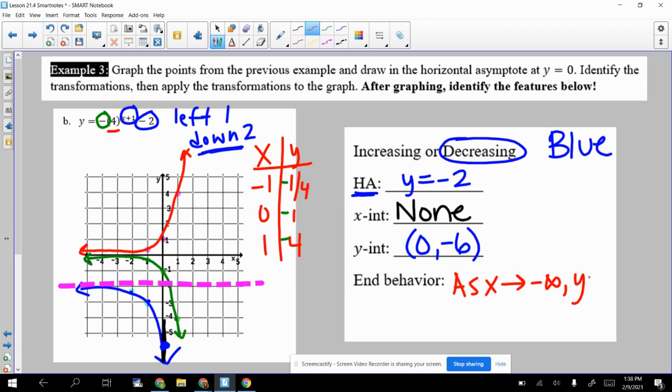All right, so as x approaches -infinity, so to the left, y approaches the asymptote. Well, remember the asymptote now is at -2. And then as x approaches positive infinity, so as we move to the right, y is going down, down, down, down, down, so y is approaching -infinity.